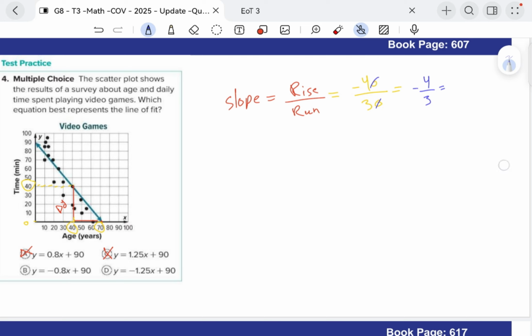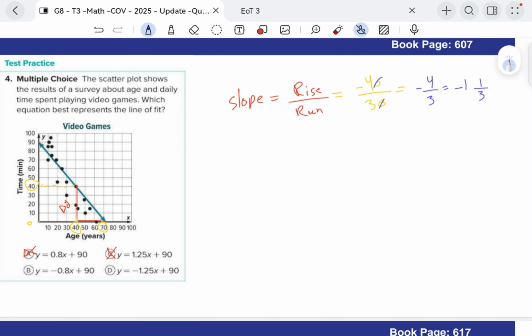This is an improper fraction. I'm going to convert it to a mixed number. This gives us negative 1 and 1/3. 4 divided by 3 is 1. And the remainder is 1, so it's 1/3. And if you want to write it as a decimal, this is equal to negative 1.3 repeating. So this answer is closer to this number. The correct answer is D.